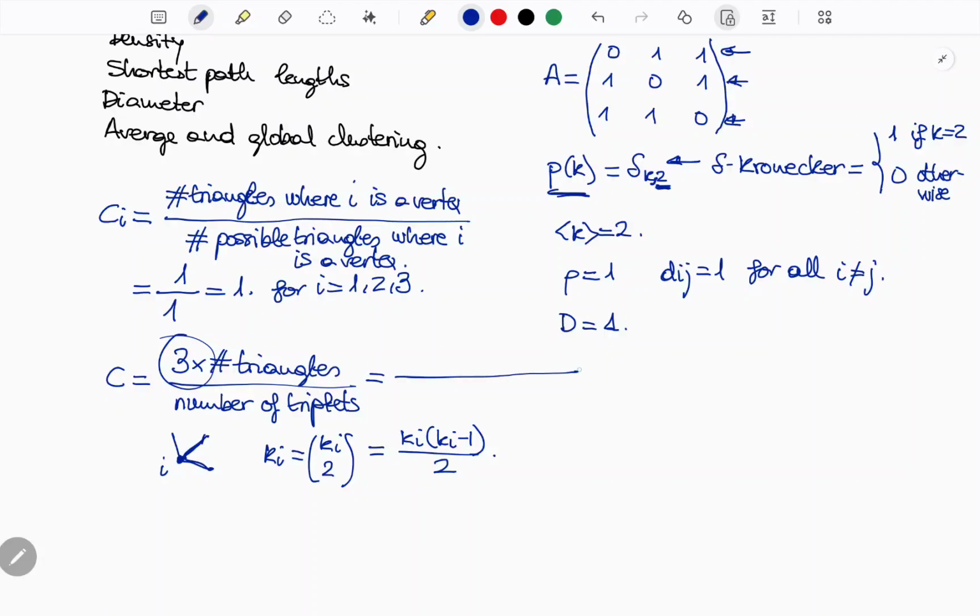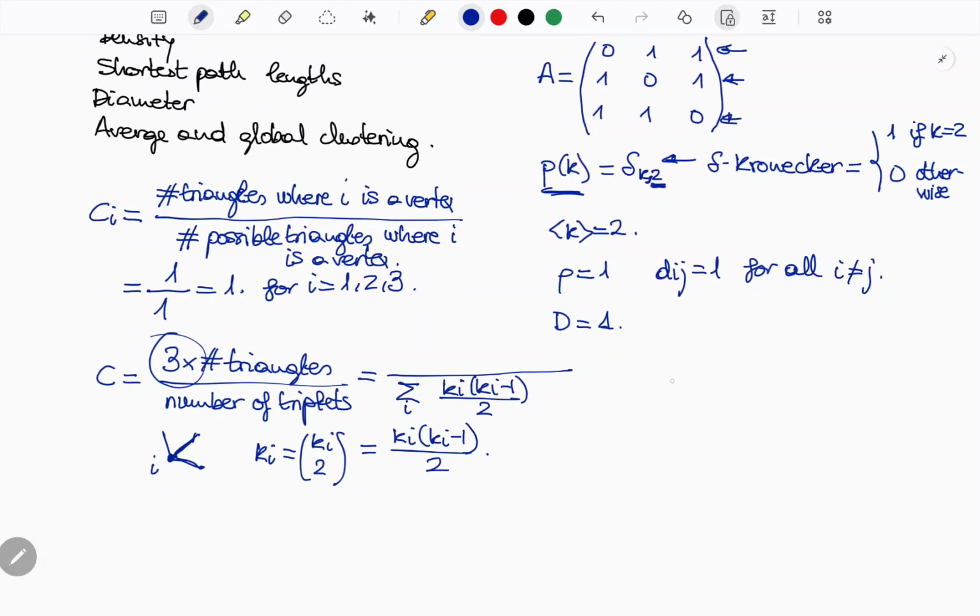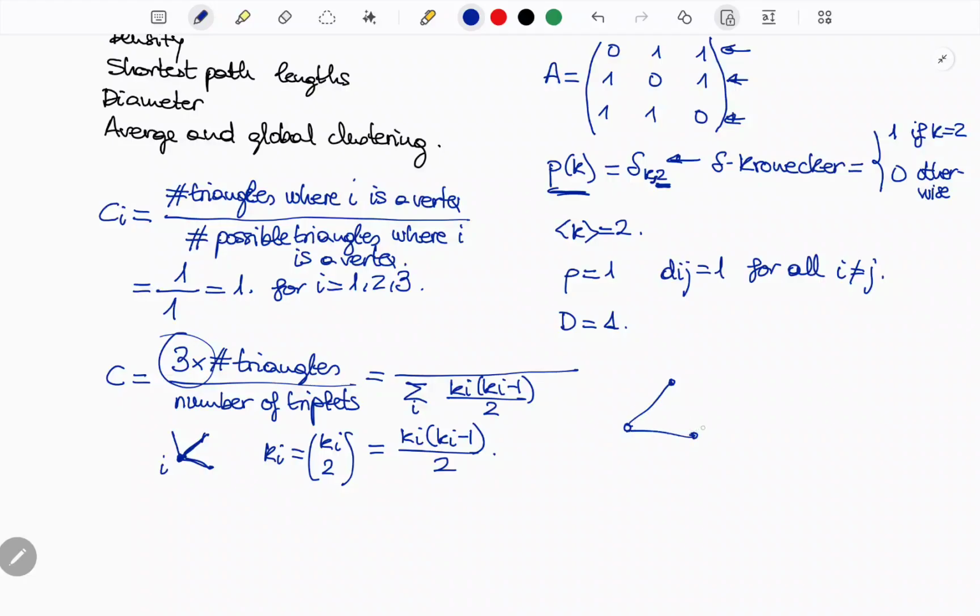When I do this addition over each of the nodes using this formula, what is going to happen is that I'm going to count every triangle 3 times. So in our case, if this is node 1, node 2, and node 3, if this is node 1, then I'm going to count 1 for this case, so this is going to be 2 times 1 divided by 2, so I count 1 for this node, then also 1 for this node, and also 1 for this node, but I have only one triangle.